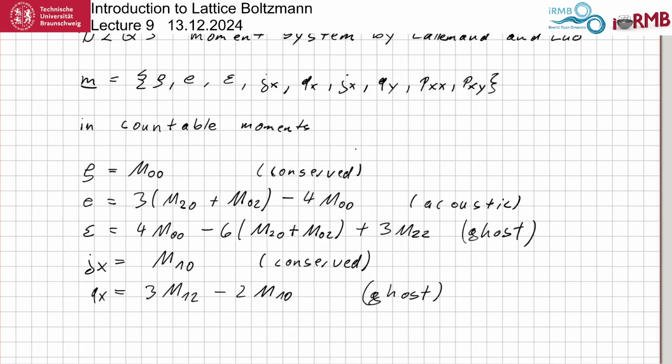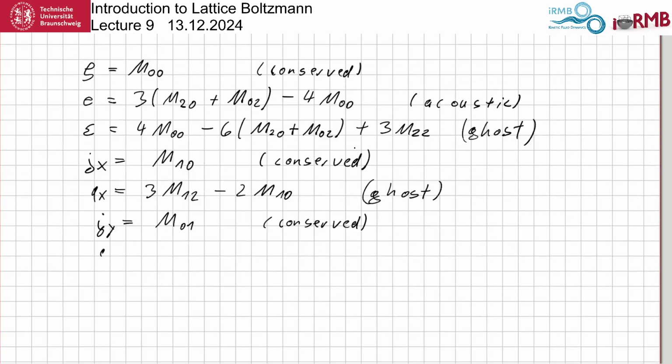Then jy is m01, so this is the momentum, conserved. And then they have, of course, this qy, which is again 3 times m21 minus 2 m01, ghost. If you feel this is torture, this is torture.